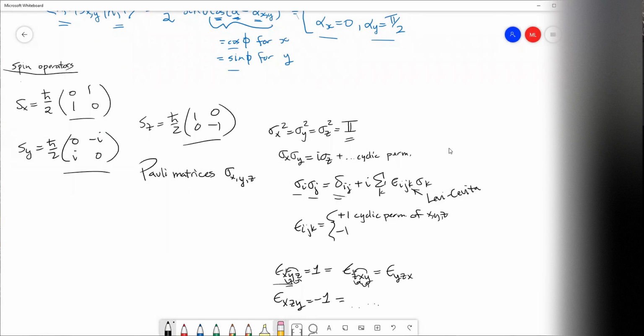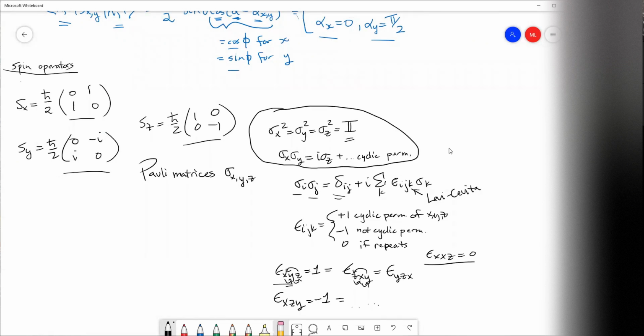So it's -1 if it's not a cyclic permutation but some other permutation of XYZ, and otherwise it's 0 if there's any repeats, like epsilon x x z is 0. That's what it is. It's just a handy way of writing these two rules down. These two rules are embodied in this expression.